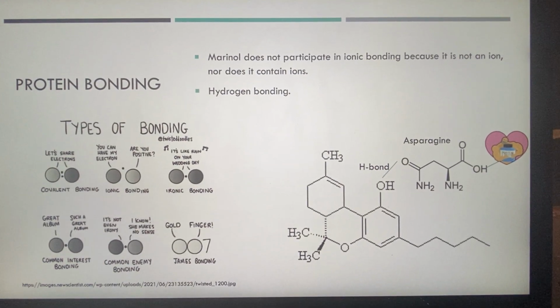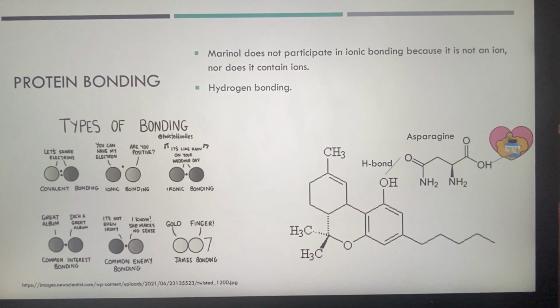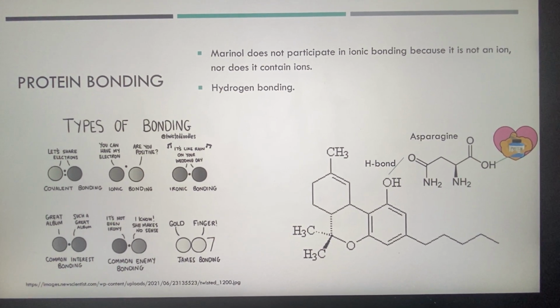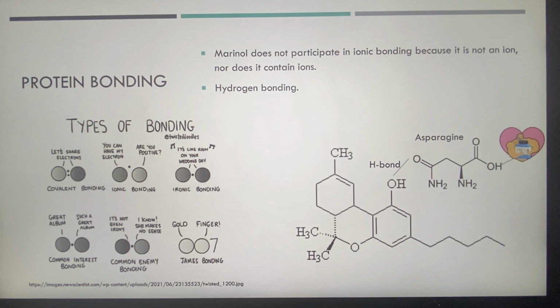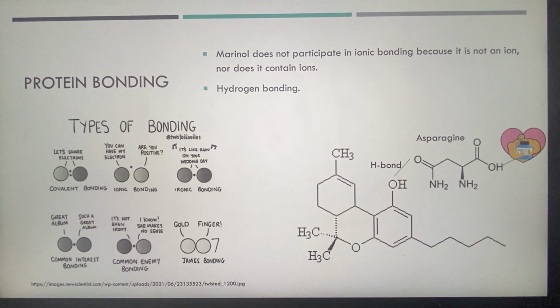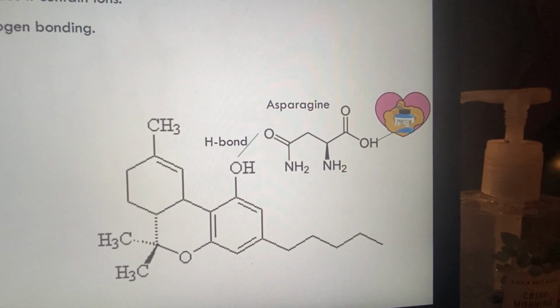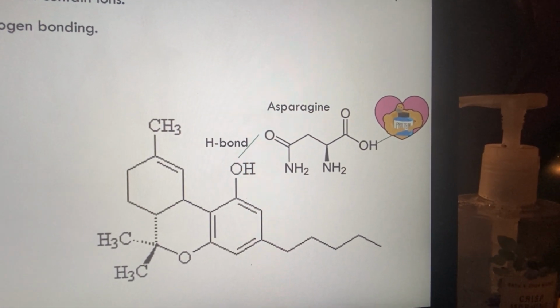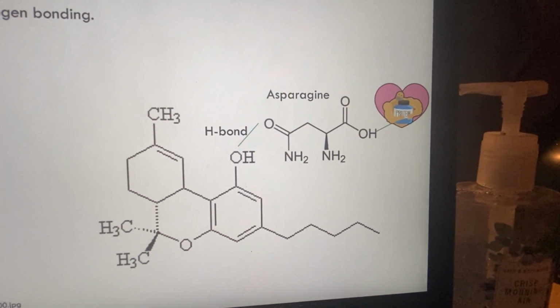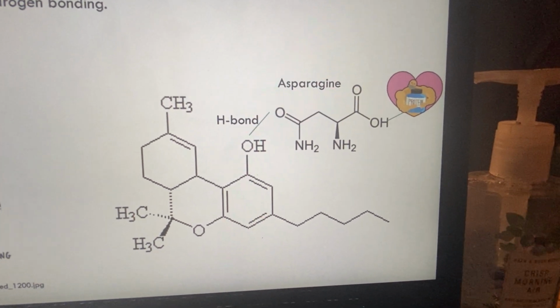So protein bonding. Like said before, Marinol does not participate in ionic bonding because it is not an ion, nor does it contain ions. So right here I have an H bond with an asparagine, which connects to a protein bond right there.